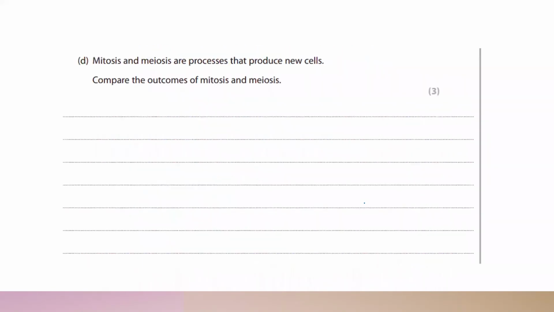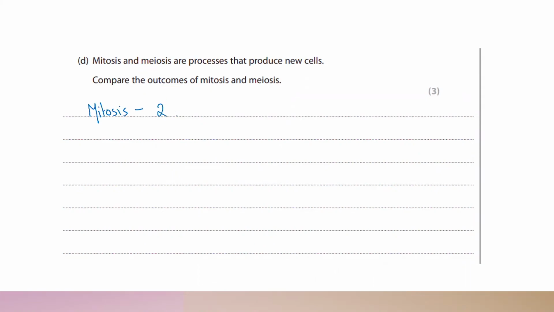Just 1 mark. Okay, mitosis and meiosis are processes that produce new cells. Compare the outcomes of mitosis and meiosis. Aha, this one gets asked a lot, in 2 papers. So mitosis, saw that earlier. The outcome, so what's produced?